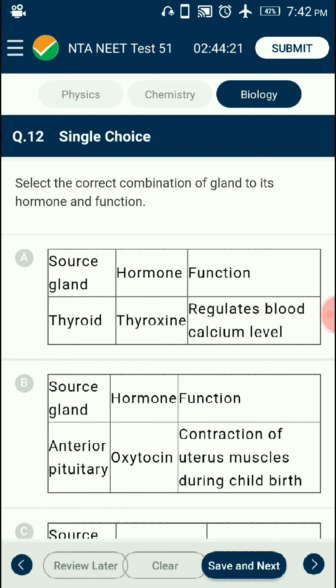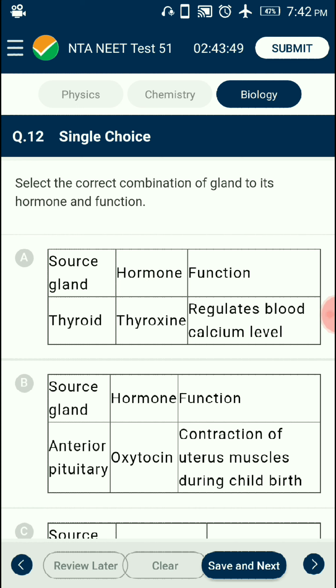Question number 12. Select the correct combination of gland to its hormone and function. Thyroxine from the thyroid gland helps in regulating the basal metabolic rate. Thyrocalcitonin from the thyroid helps in decreasing the calcium level in the blood and depositing it on bones. Oxytocin is secreted by the hypothalamus but stored and released by the posterior pituitary. It is also called the birth hormone.